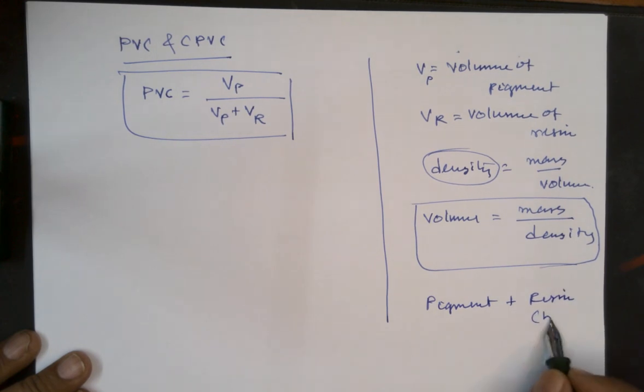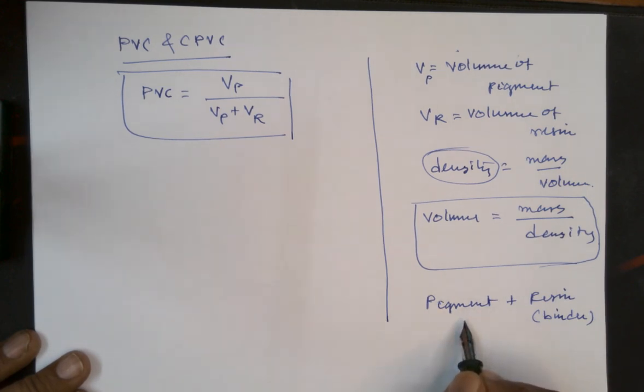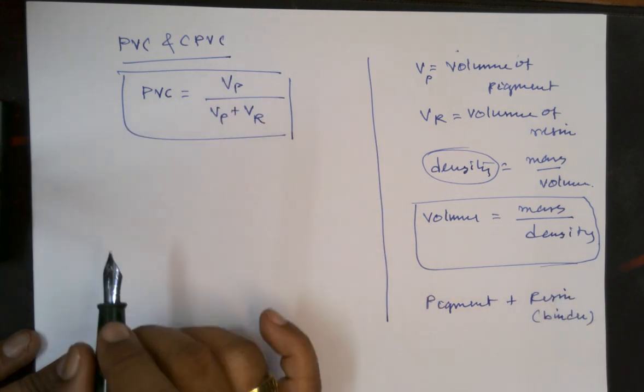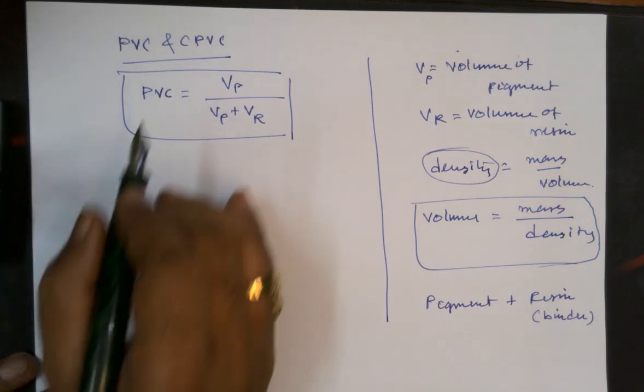Resin is also in this case known as binder. So pigment plus resin, these are the two major ingredients in paint. So what could be the volume of the pigment in the total volume of pigment and resin? That is the concentration of pigment, that is pigment volume concentration. I hope now it is pretty clear.